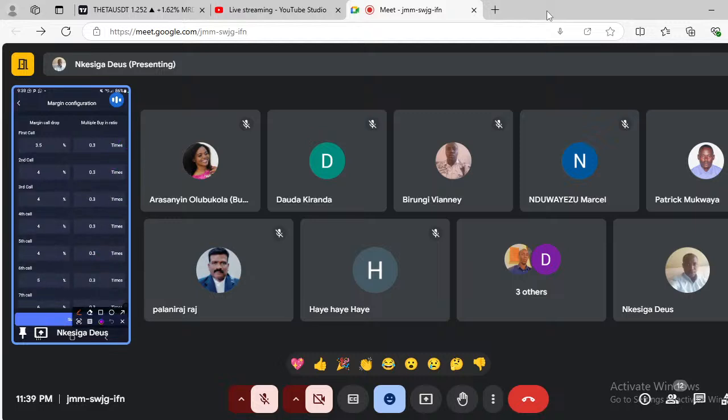So we go to here, the drop. Now, since we have only 10 margin calls, we can look at a 15% to 20% drop. Are we clear?